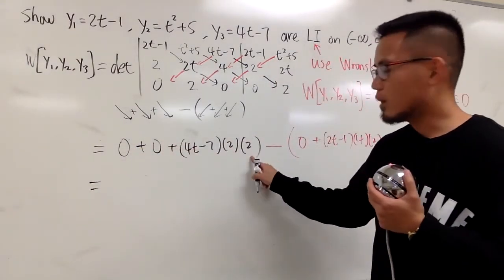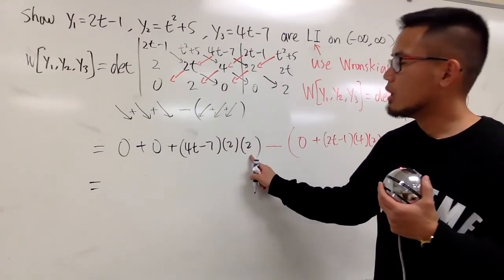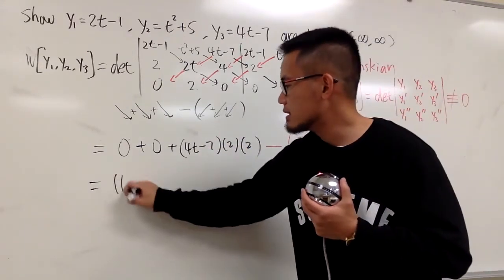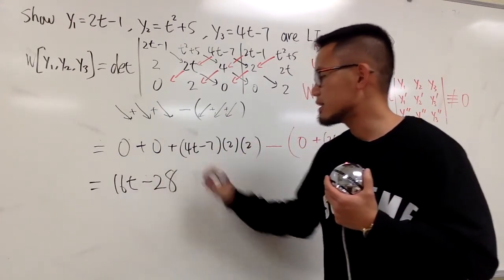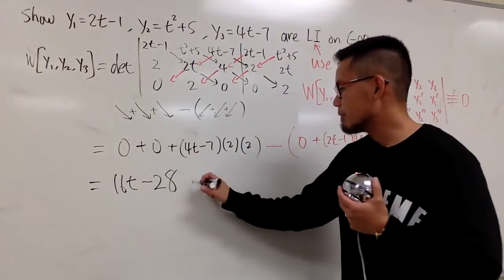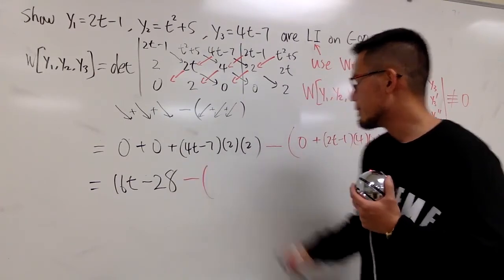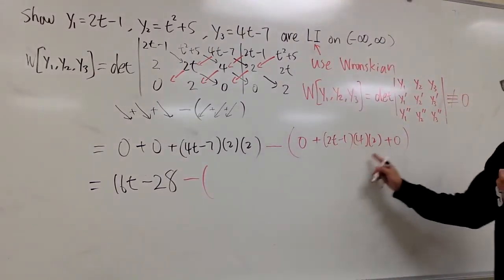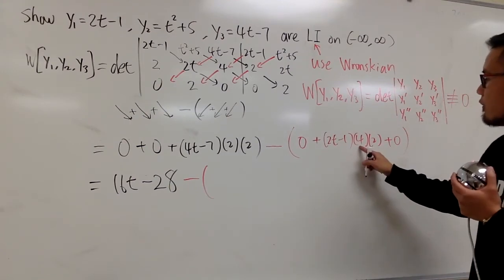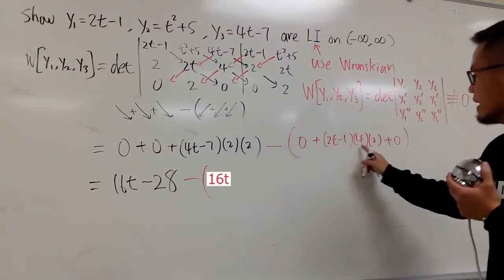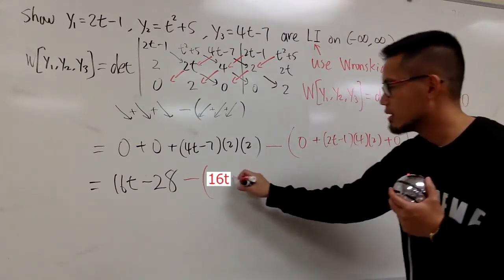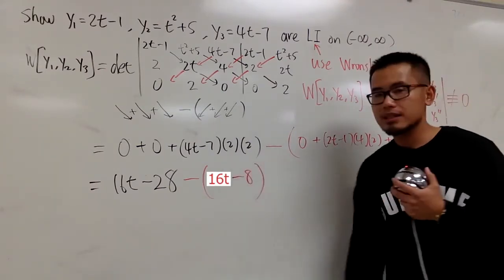And this is 4, right? 2 times 2 is 4. Times 4t is 16t. 4 times negative 7 is minus 28. And then let me put down the minus right here. Okay, so I have to worry about this term. Check this out. 4 times 2 is 8. 8 times 2t is 16t, and then 8 times minus 1 is minus 8, like that.